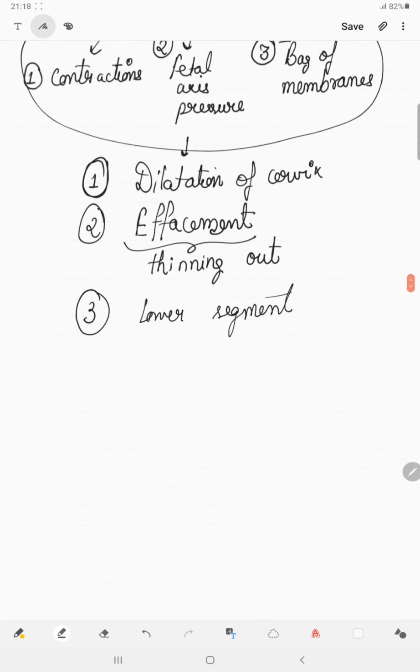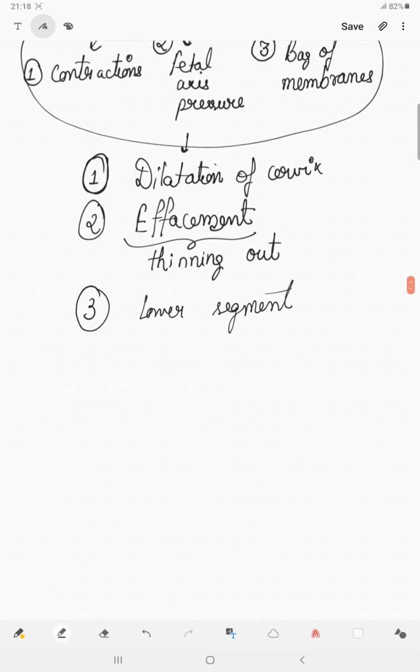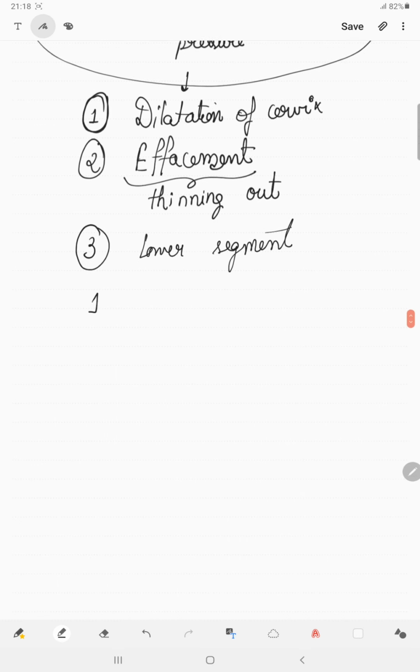Okay, and what did I tell you about the first stage? The first stage was from the onset of the labor pain to the full dilatation of the cervix. Also, this lasts somewhat 12 hours in a primigravida, okay, and somewhat 6 hours in a multigravida. Okay, yes. So full dilatation of the cervix.